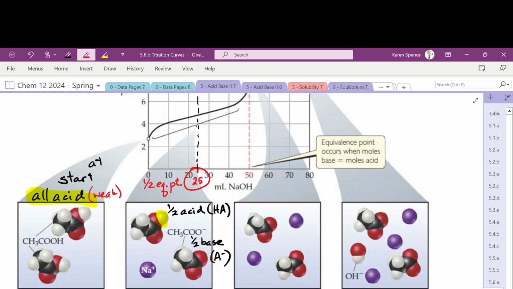How about at the equivalence point? What do we have? We have A minus and A minus.